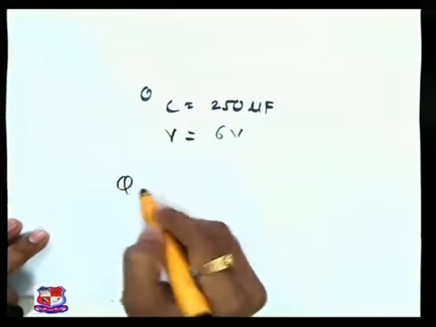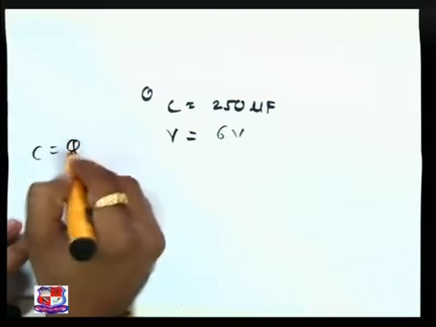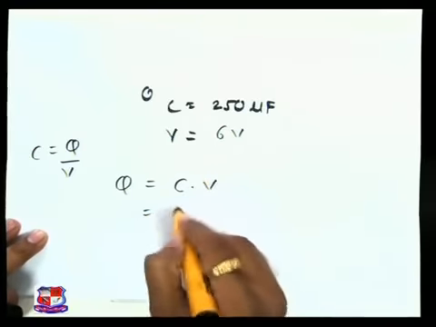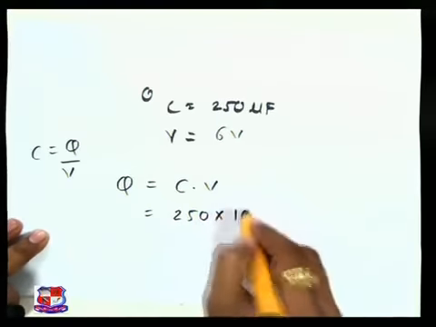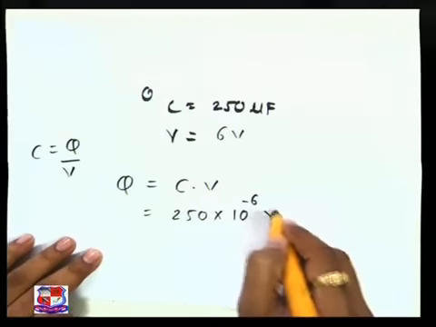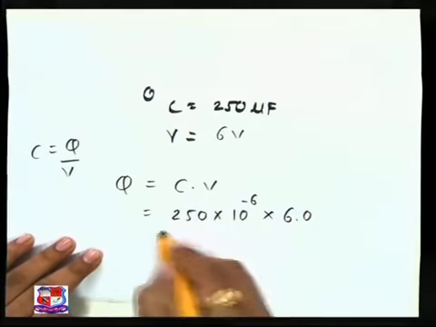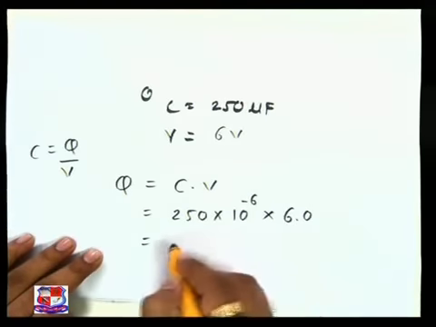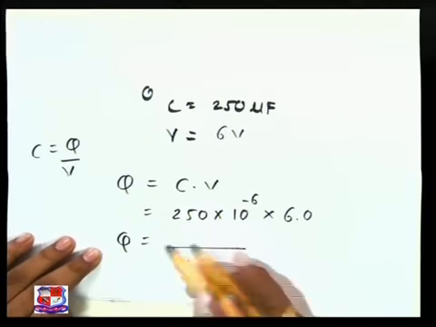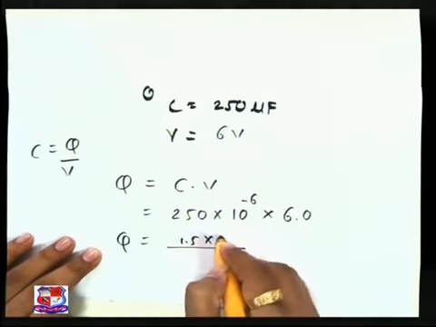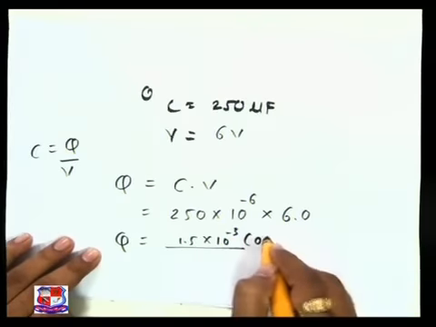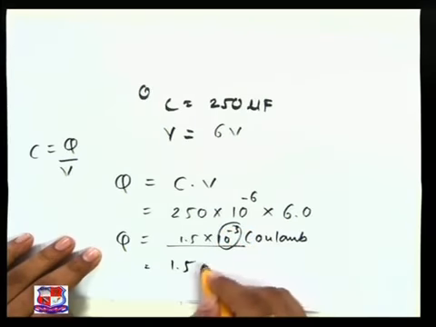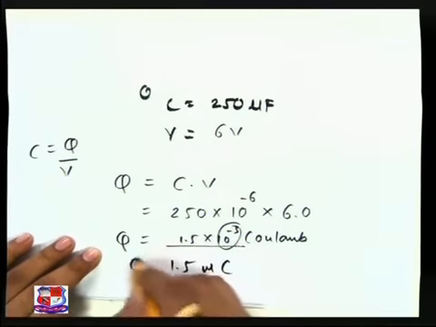Using the equation C equals Q by V, we can write Q equals C into V. C is 250 microfarad, that is 250 into 10⁻⁶, as we already know, and V is 6.0 volts. Solving that equation, we find the value of Q is 1.5 into 10⁻³ coulomb, or 1.5 millicoulomb.